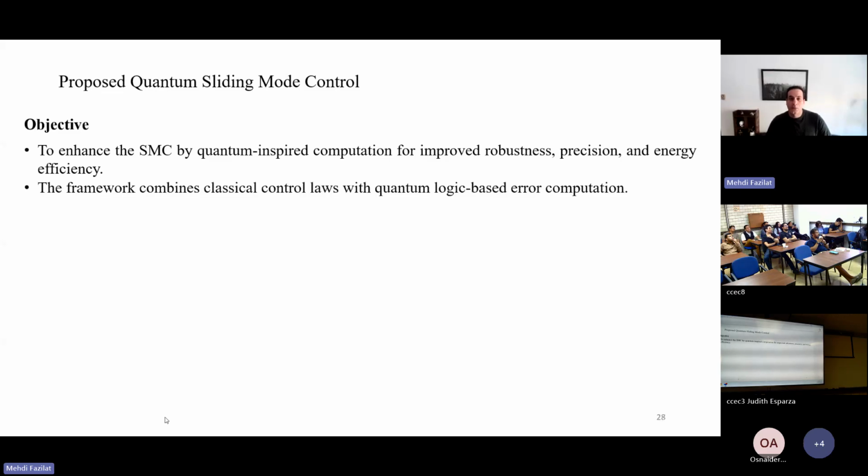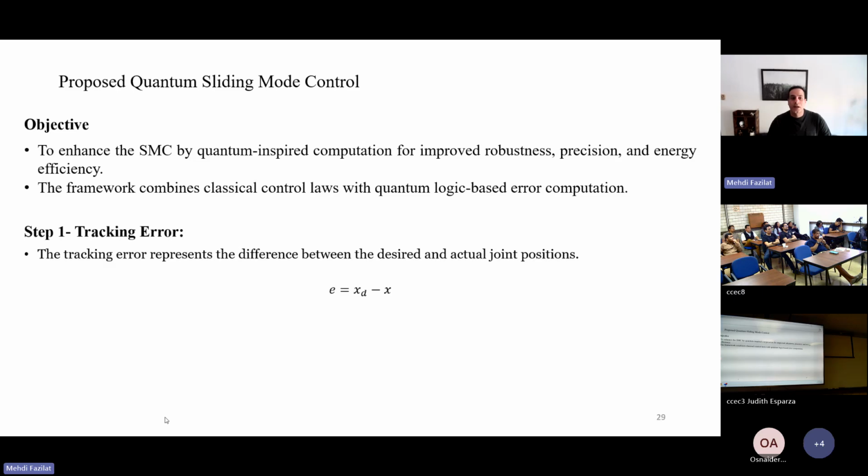Basically, the framework combines the classical sliding mode laws with quantum logic error computation. The first step is computing the tracking error, which means the difference between the desired position and the actual position that the robot reaches in the working space.